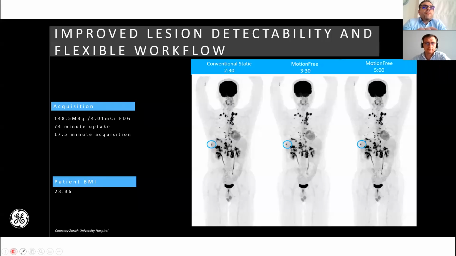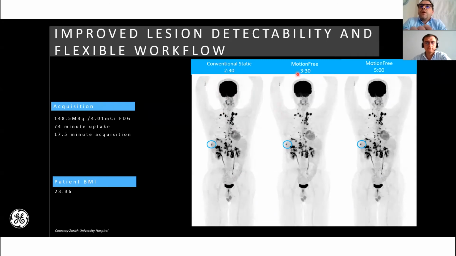And finally, this is my last slide. It's moving smoothly to clinical cases, and I give the stage to my colleague. I'm presenting a case of a patient without any respiratory motion correction algorithm applied. This is conventional static acquisition.